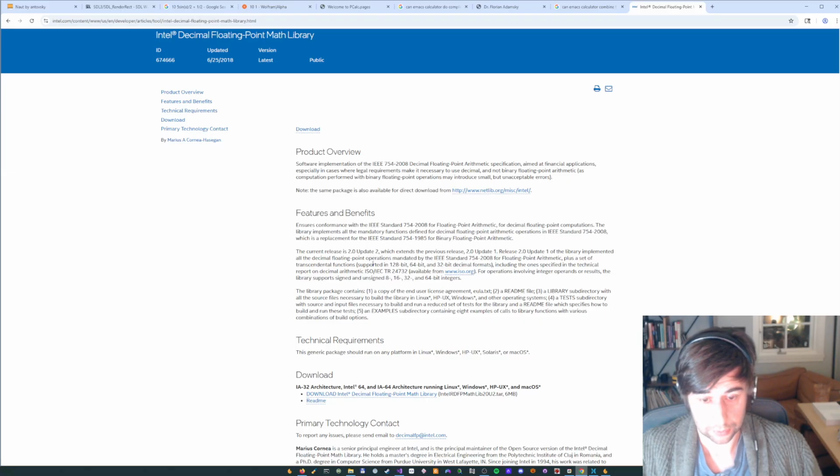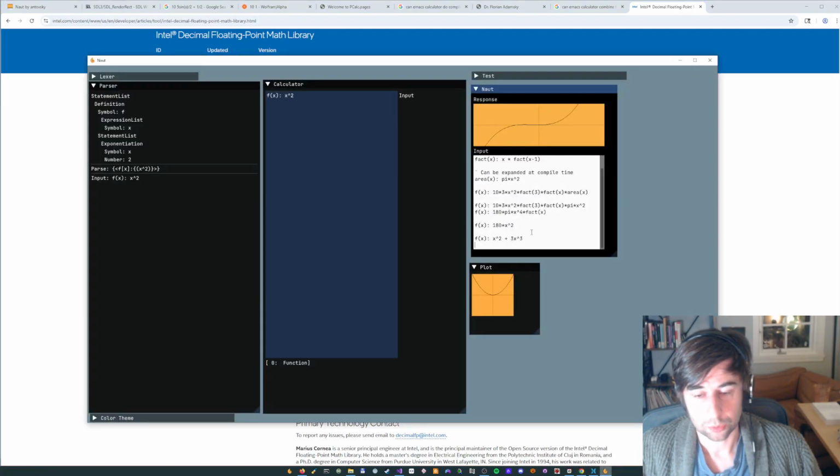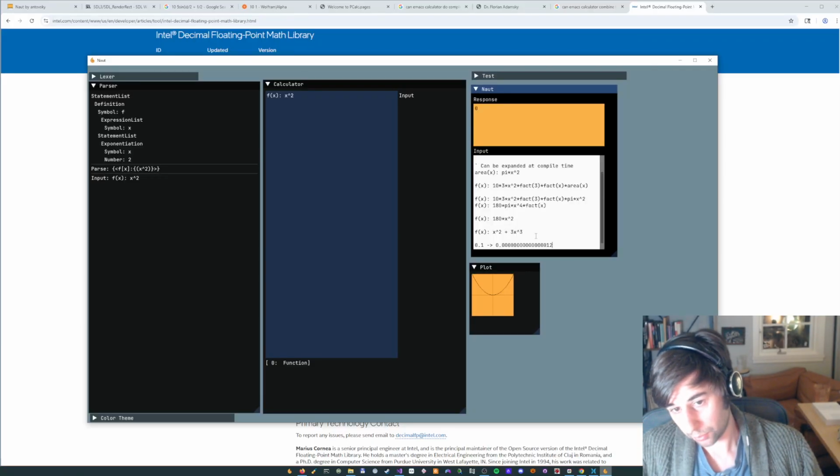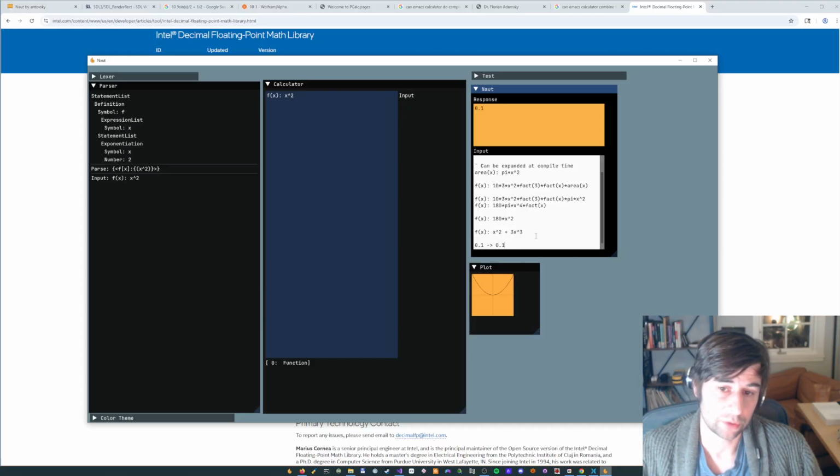So instead of binary floating point, it's decimal floating point, meaning that in normal floating point, if I write 0.1, that's actually represented as something like 0.00012, because it's binary. But in the Intel library, it would be exactly 0.1, because it's decimal floating point. So that solves all of those problems.